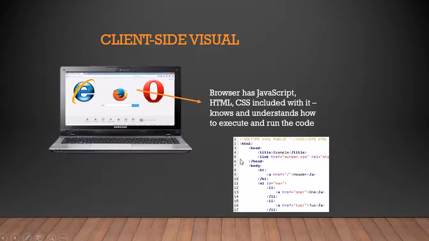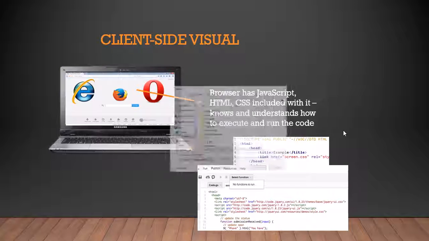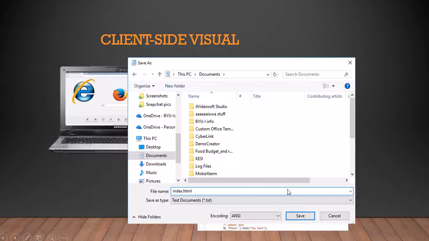So let's pretend that we made HTML code right here and also CSS. This actually isn't CSS, but let's pretend it is. I'll show you how exactly you'd save it so that it can be uploaded onto a website. We're going to be saving our pretend HTML code.